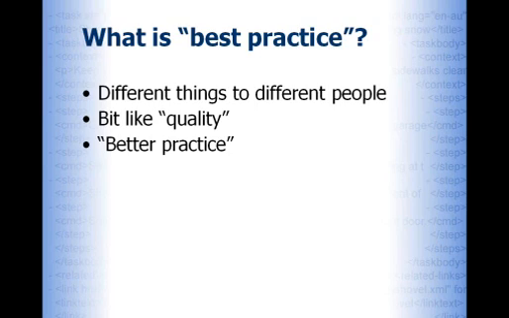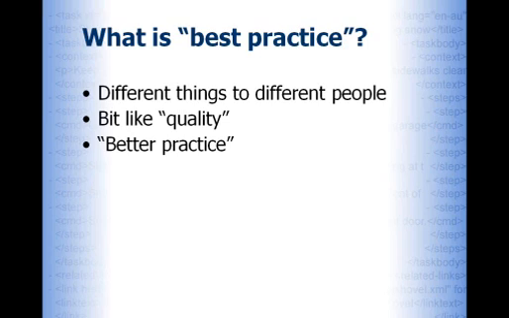So in quality management, there's international standards for quality management, and part of the principle of quality management is you choose what level of quality you want to have and choose whether you want to improve it, which most people do, and then you aim to improve your quality. And I thought from a best practice point of view, what we should be really talking about is better practice.